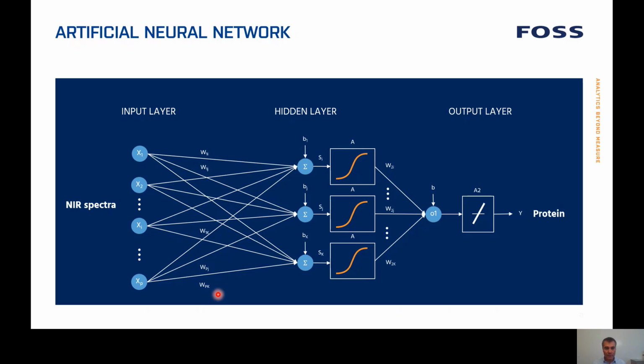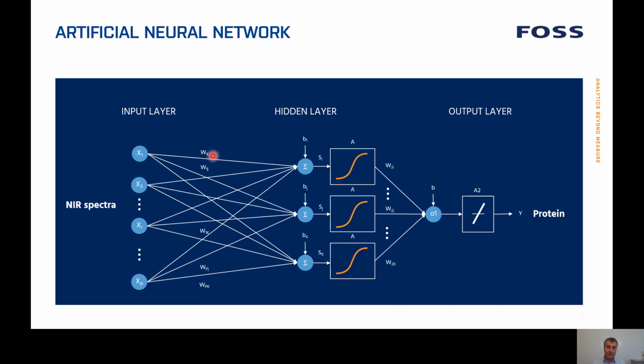And when we have trained the network, we can submit spectra and see how we are getting closer to the protein. And then submit back through backpropagation, predict, and go back and forth many times until we have a convergence of the system and the weights will not change anymore. Then we have a system that is stable and that is able to predict the protein concentration.